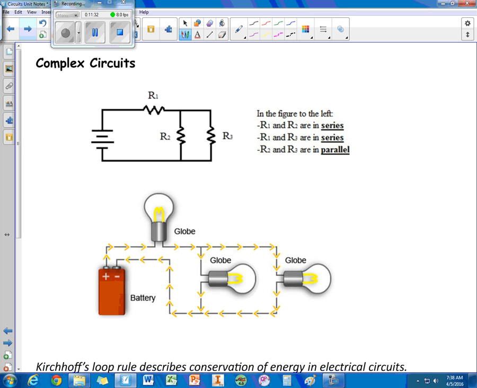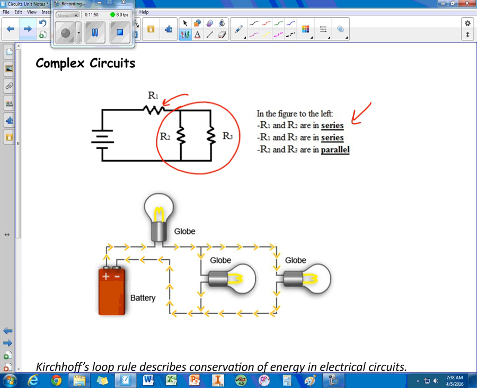Finally, we come to complex circuits. So taking a look at this, I'll let you study that little diagram right there, but notice that resistors 2 and 3 are parallel, and that these are going to be in series with R1.